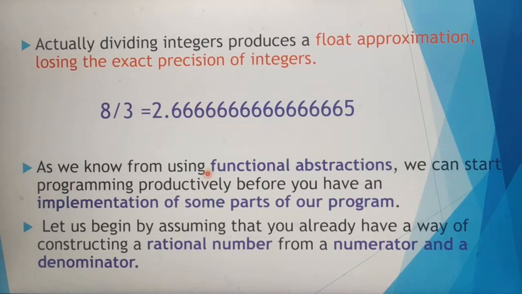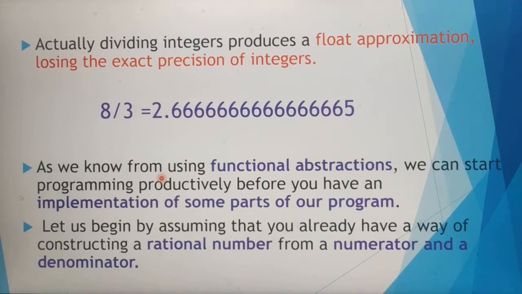We know that for a rational number, we need two parts: one is the numerator and another is the denominator. For functional abstractions, we are not going to implement each individual abstraction, but we should know the basic things needed for this rational number.